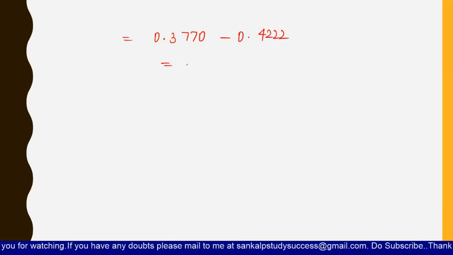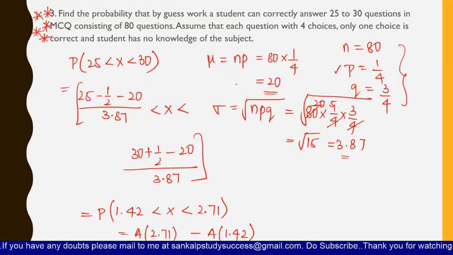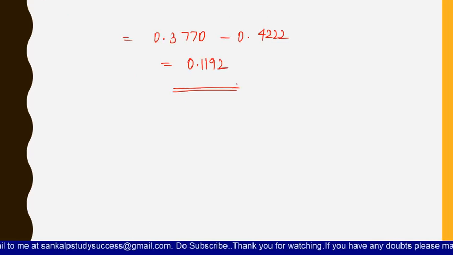If you subtract these values, you will get 0.1192. So this is the probability of the students who have correctly answered 25 to 30 questions in the MCQ, correct? So this is the most important question. You can just go through it and solve it once so that it will be very clear.